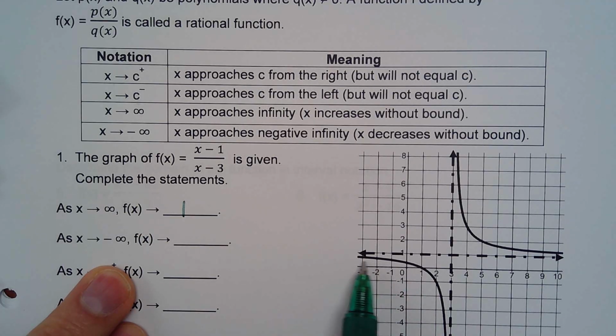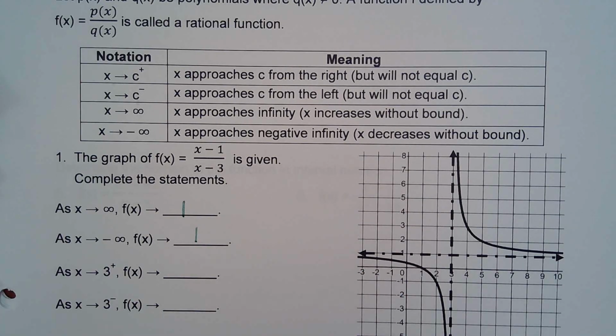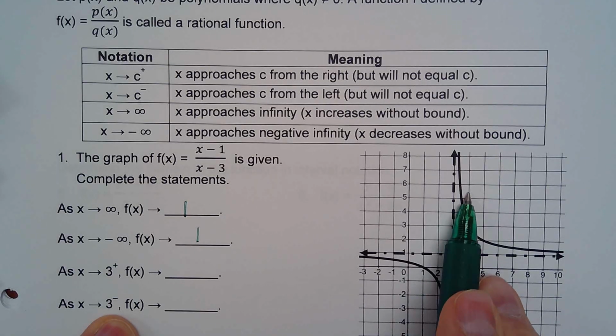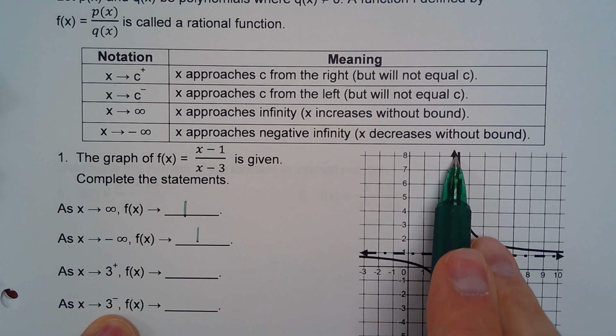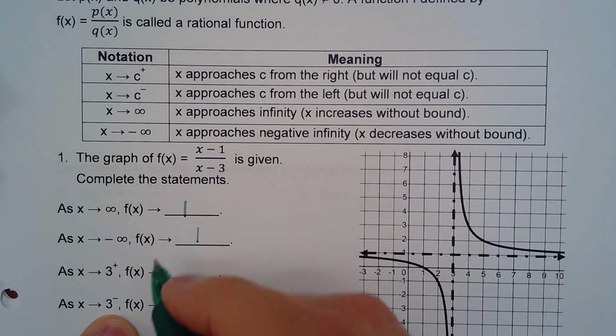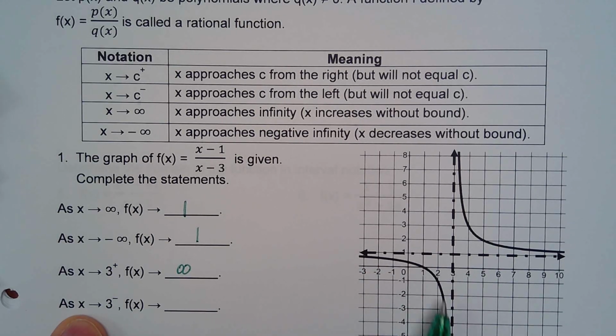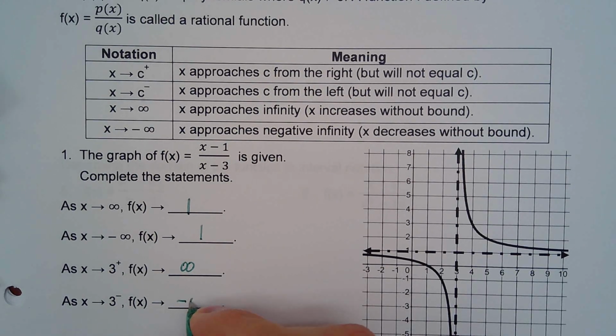My graph approaches from underneath it, but it still approaches y equals 1. As x approaches 3 from the positive side, my y values are shooting up to infinity. And as I approach 3 from the negative side, my y values are going to negative infinity.